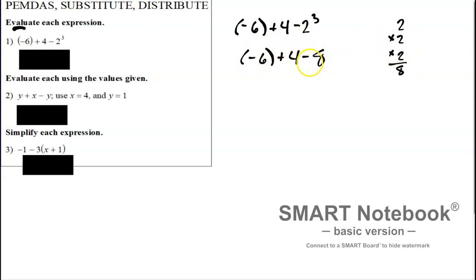Now I look at this again and I say PEMDAS says parentheses again, nothing happening in there. And I ask myself what operations. I've got plus and minus, okay, so I go left to right. This and this is, all right, you guys do the scratch work on the side.